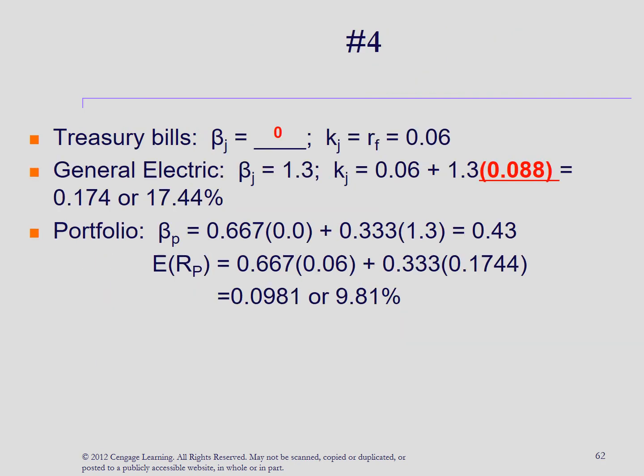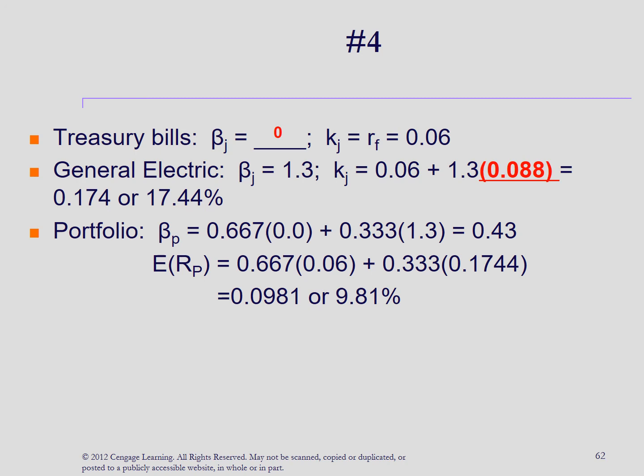End of chapter question. Question number 4. You are required to find out portfolio expected return and portfolio beta. We first gather the information needed. We have beta for T-bills equal to 0, beta for General Electric equal to 1.3 given in the problem. We use security market line to calculate the expected return for T-bills and the expected return for General Electric.